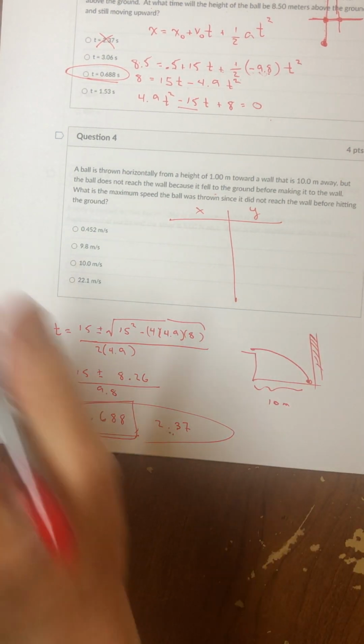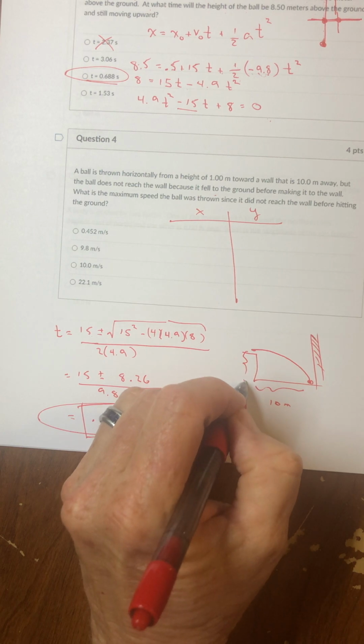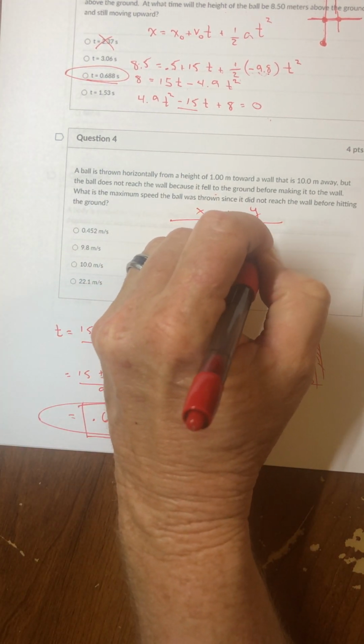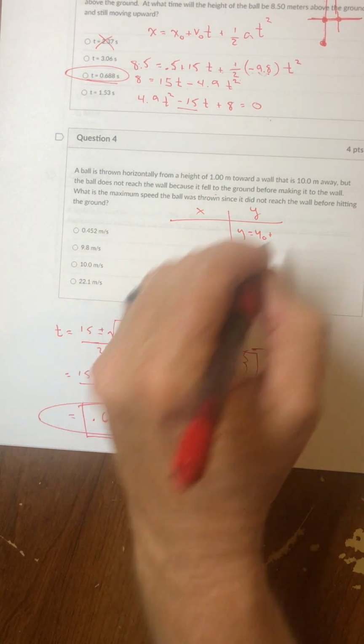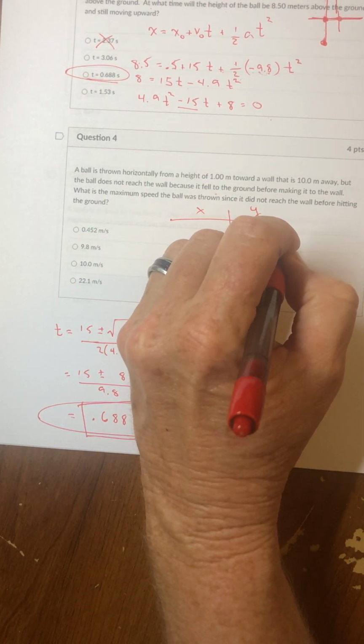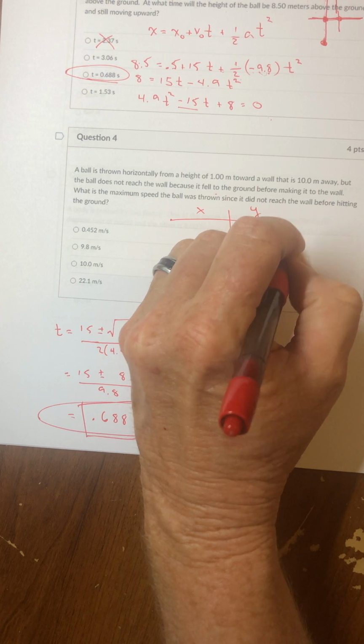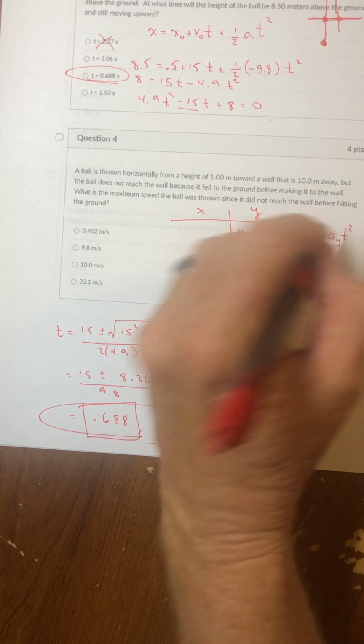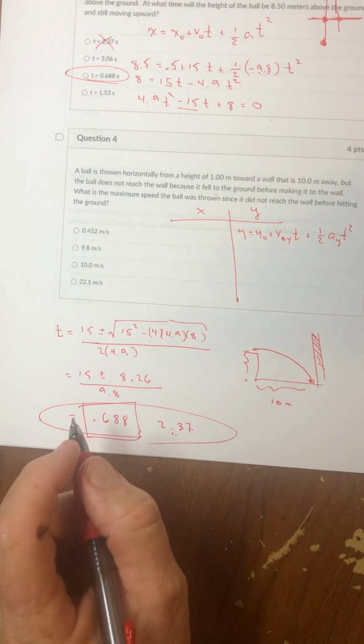Okay, so I guess this part right here would be the y motion, which I'll write as the same equation that we've seen for the last two problems, the second kinematics one.